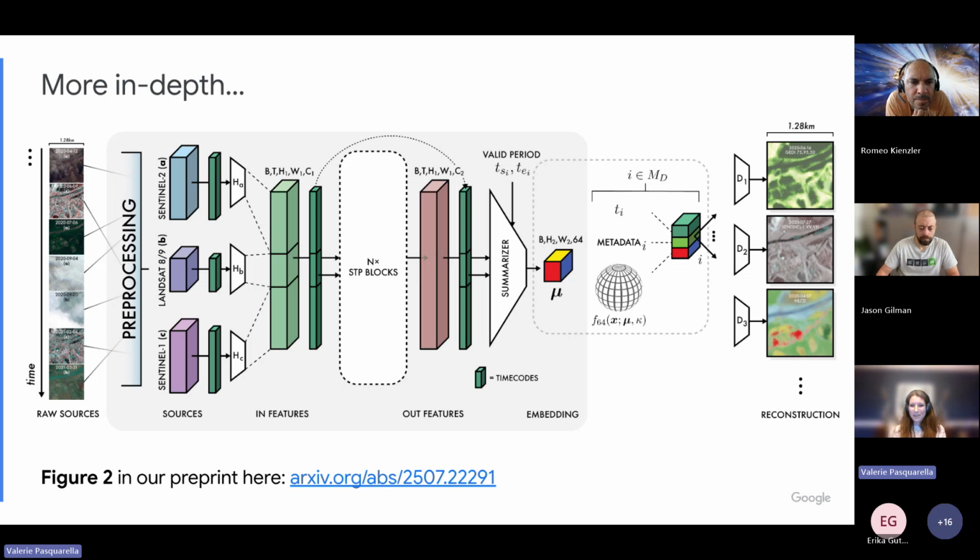So this all comes out into a bunch of output features, and then another key structure in the model is our summarizer. One of the unique capabilities of AlphaEarth Foundations is the ability not just to generate per image embeddings, but to summarize embeddings over a specified time period, which we call the valid period here.